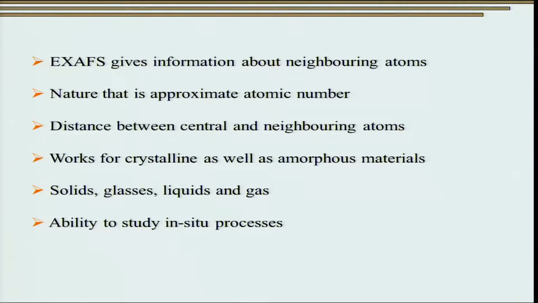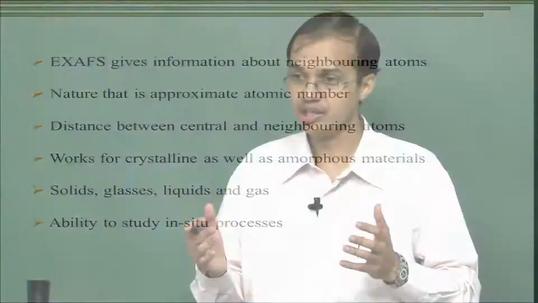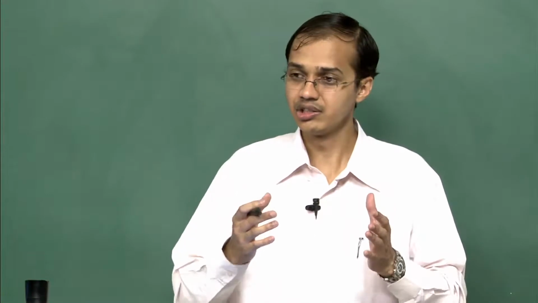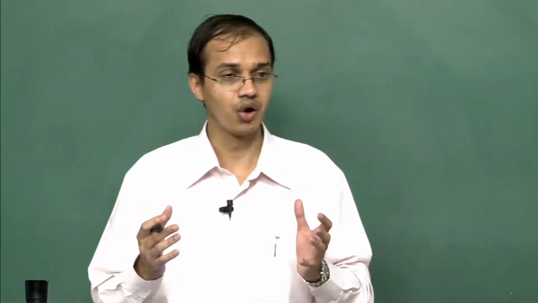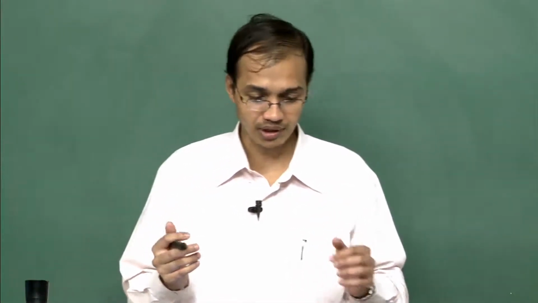Now, moving ahead, as I had mentioned, EXAFS gives information about the neighboring atoms. Not only that, it tells us the approximate atomic number, because at the end of the day, the scattering tendency of the atoms is dependent on their structure factor, which you are quite aware varies as a function of the atomic number.